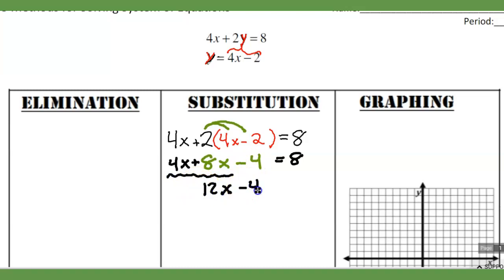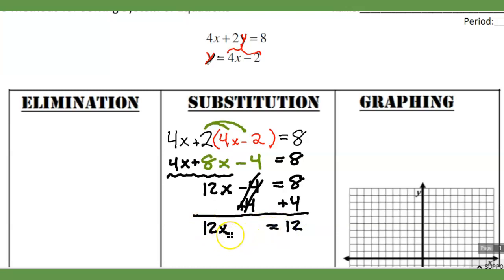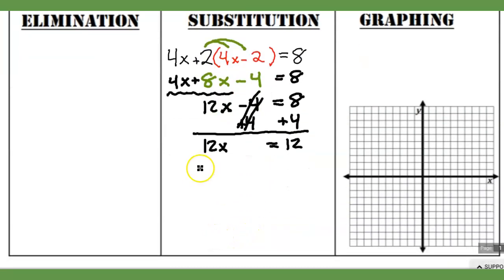Let's bring down what we didn't use. And then always show the algebra, which is what you do to both sides. There we go. So this just means 12 times what equals 12. So we already know the answer is 1. 12 times 1 equals 12. Let's show the work anyway.